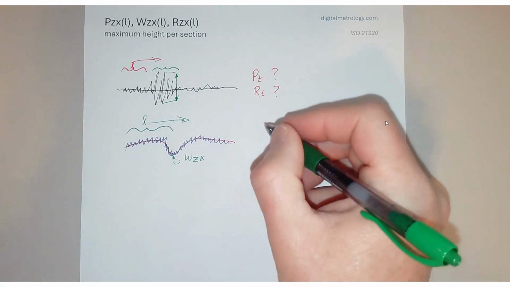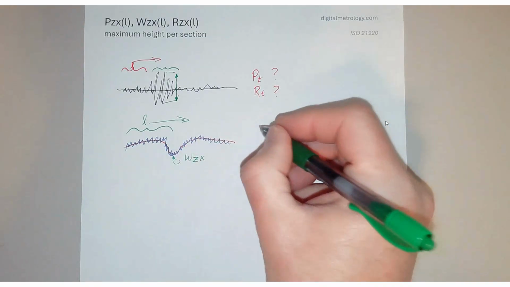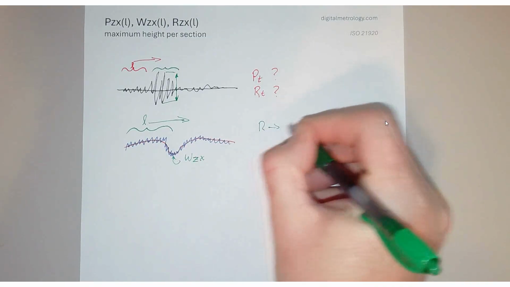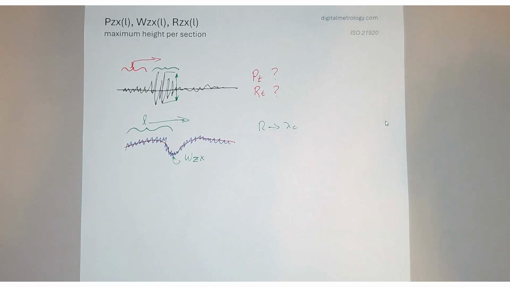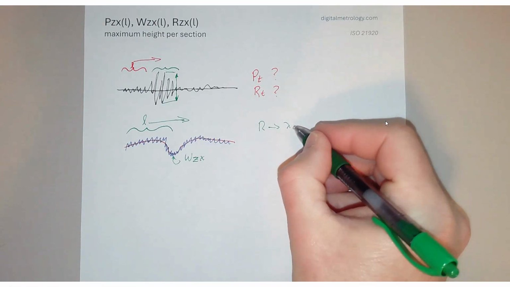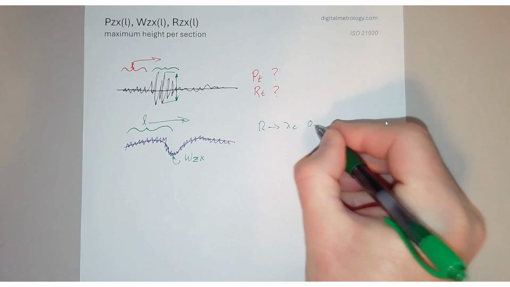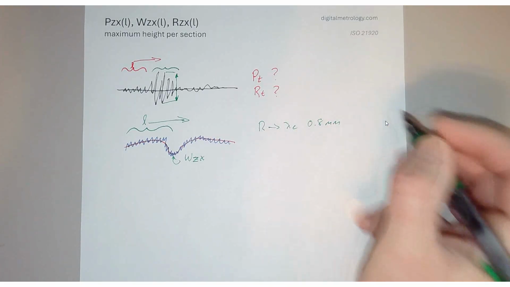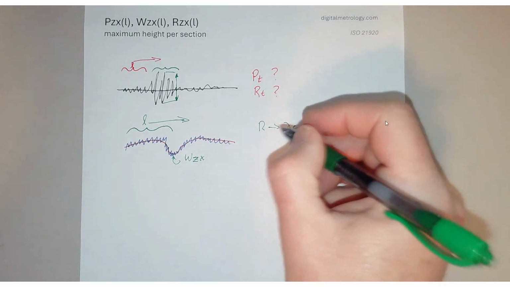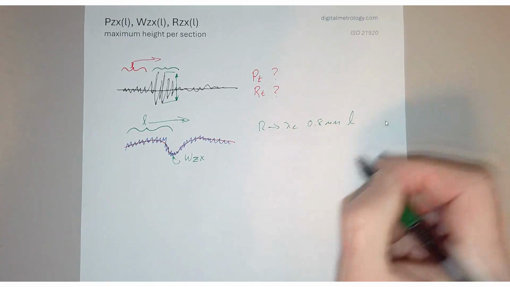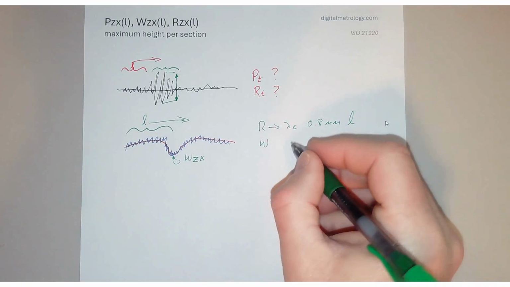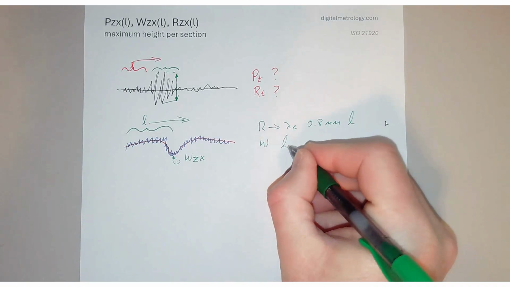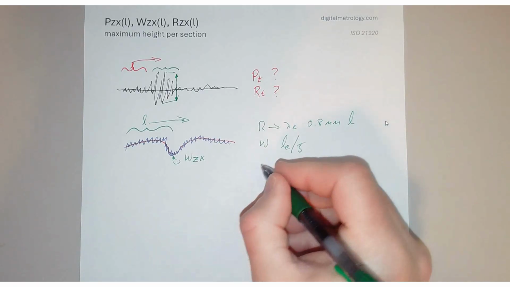Now the defaults for the window width for roughness, the default is going to be our roughness cutoff, the long filter cutoff. We call it lambda C. For example, 0.8 millimeters is a common length for the roughness analysis. For waviness, if we don't include a long filter, we're going to use the evaluation length divided by 5.